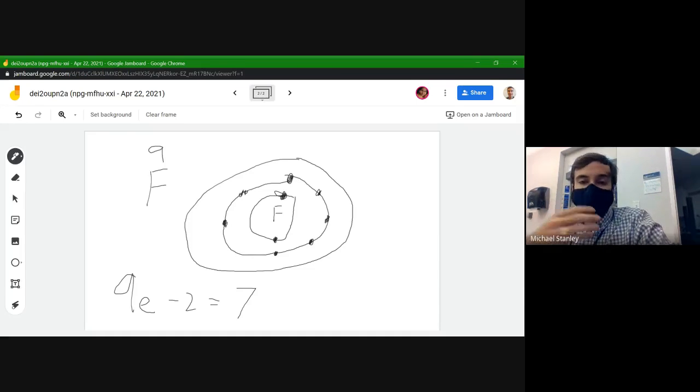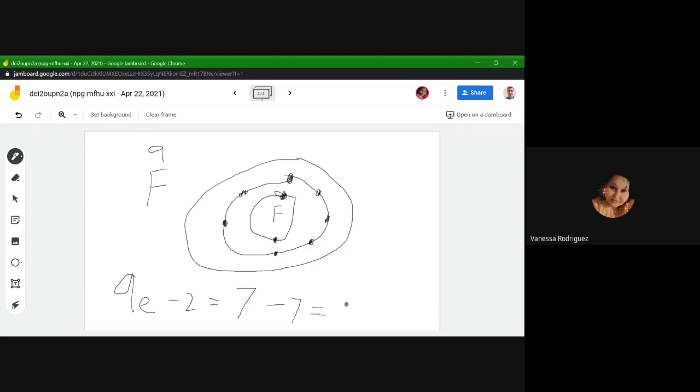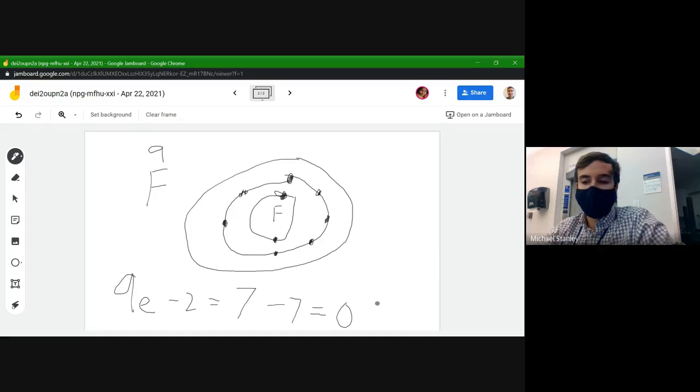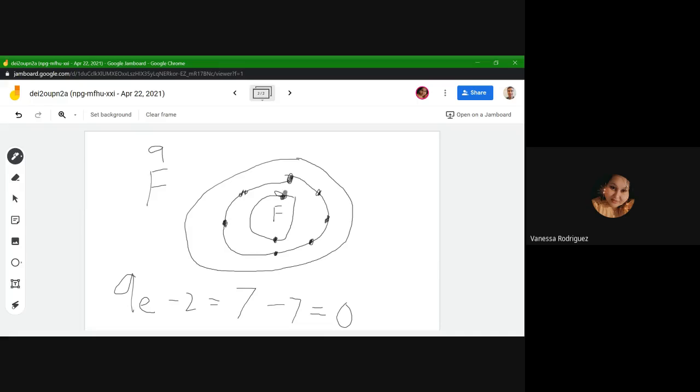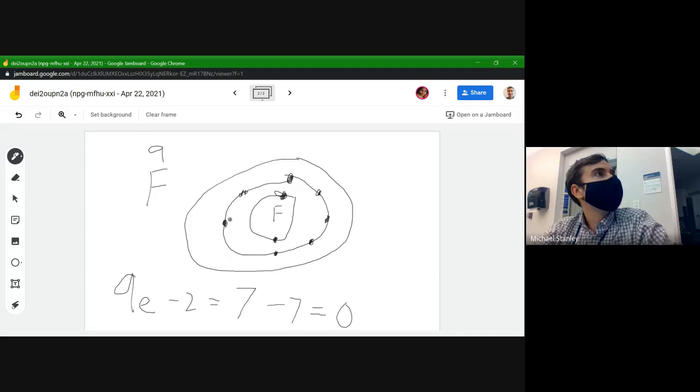We haven't filled up this shell yet, so we don't need to do anything else. And also, that is the remaining electrons. So we have now put all of the electrons down. So 2 electrons on the first shell and 7 electrons on the second shell gives us 1, 2, 3, 4, 5, 6, 7, 8, 9 total electrons.